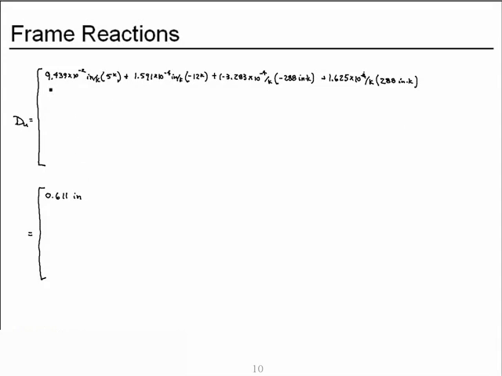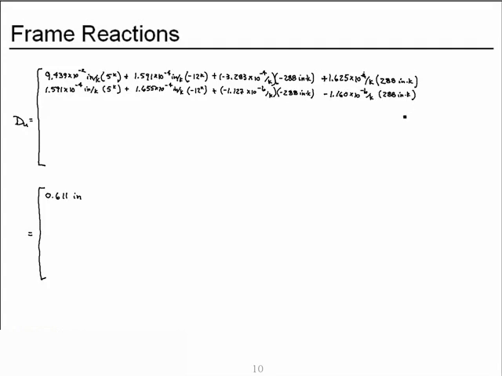Now the next one. 1.591 times 10 to the minus fourth inch per kip times the 5 kips plus 1.655 times 10 to the minus fourth inch per kip times the minus 12 kips, plus a negative 1.127 times 10 to the minus 6 per kip times minus 288 inch kips minus a 1.160 times 10 to the minus 6 per kip times the 288 inch kips.